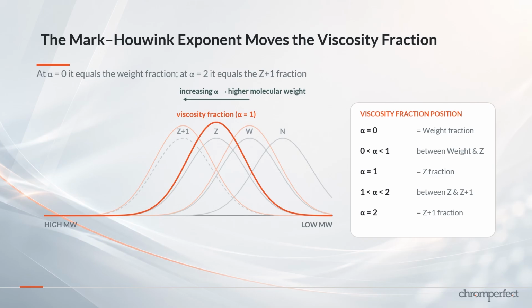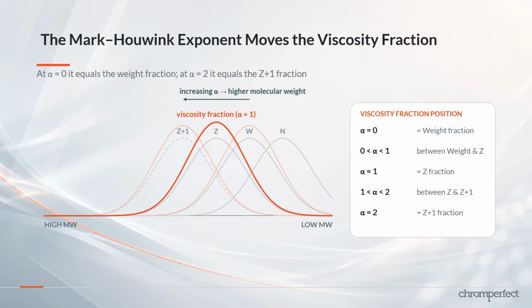Under that condition, Mv is not physically meaningful as a separate viscosity average, and Chromperfect reports it as equal to Mw. When alpha lies between 0 and 1, the viscosity fraction trace lies between the weight fraction and z fraction traces. As alpha approaches 1, it moves toward the z fraction trace.